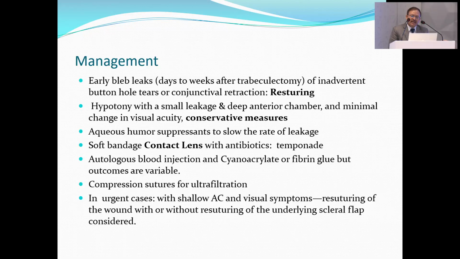Hypotony with a small leak, deep anterior chamber and minimal change in visual acuity, you can manage conservatively with aqueous humor suppressants to slow the rate of leakage. You can try a soft bandage contact lens with antibiotics for tamponade. Also, you can use autologous blood injection or cyanoacrylate or fibrin glue, but outcomes are variable.